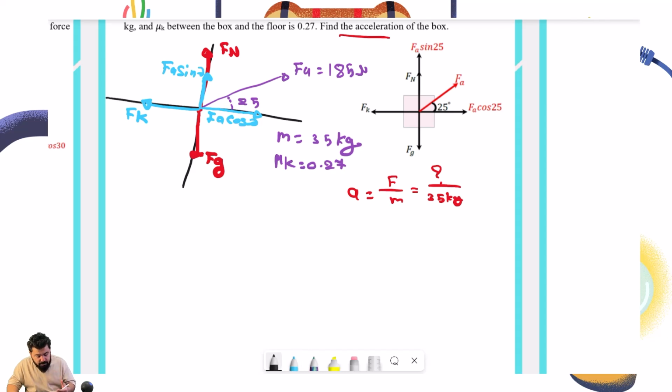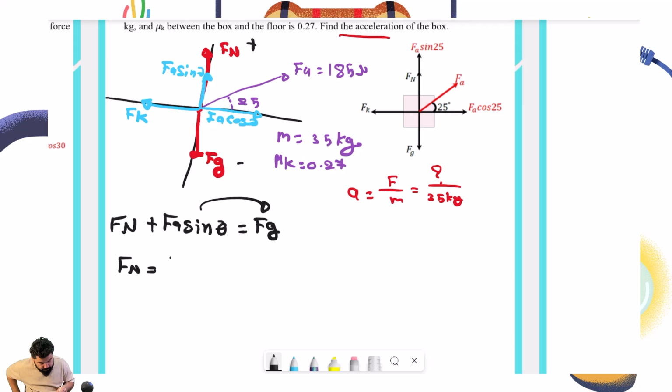The sum of all the forces that are on the positive y-axis and the sum of all the forces that are on the negative y-axis. What do we have on positive y-axis and what do we have on negative? We have Fn on positive plus Fa sine theta, which is equal to Fg. Be careful. Now Fn, we need to find this, so move this to the other side, it becomes Fg minus Fa sine theta.